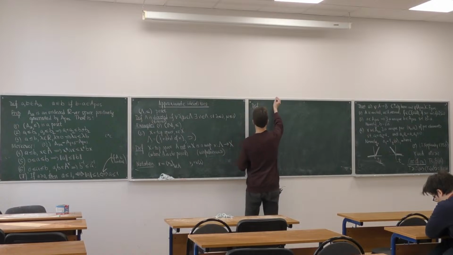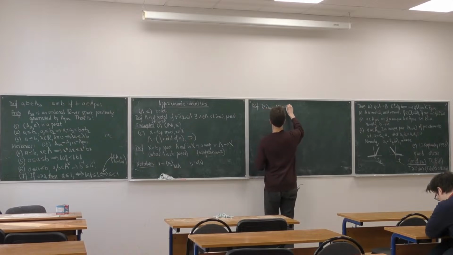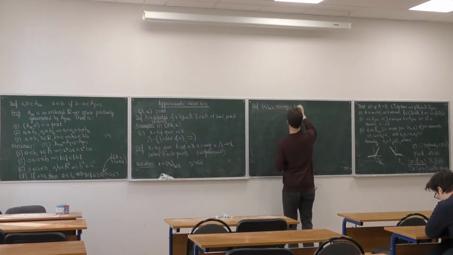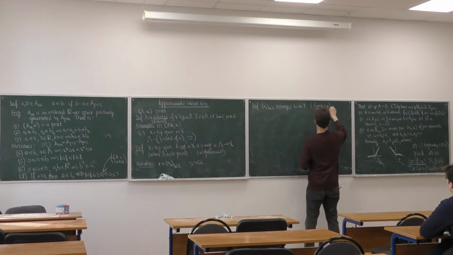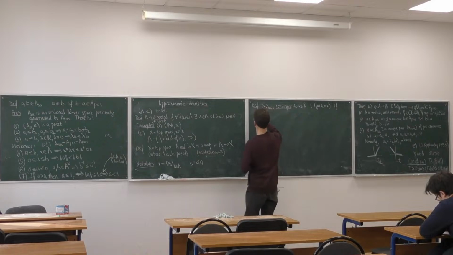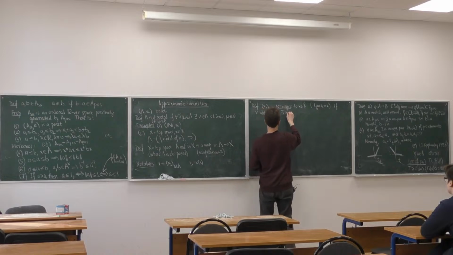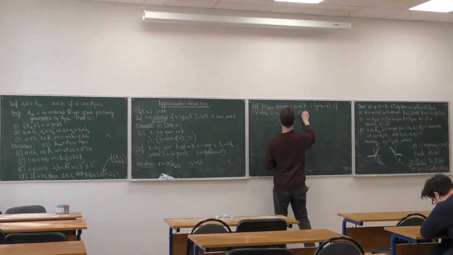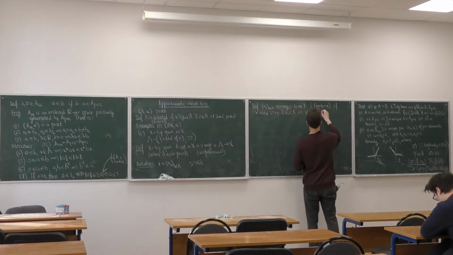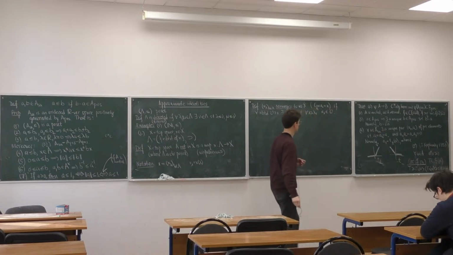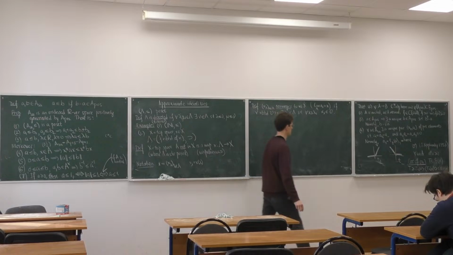We say that a net X lambda converges to a point little x, or equivalently we say that the limit of this net is equal to x, if for every neighborhood U of x there is an index lambda 0 in our set, such that for all lambda greater than or equal to lambda 0, x lambda belongs to U. So literally the same definition as in the case of sequences.